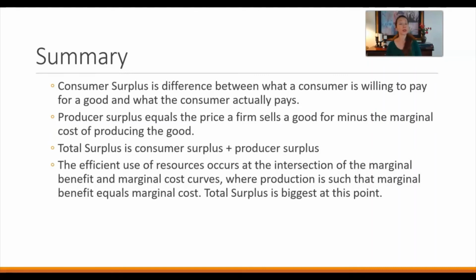You might also hear it referred to as economic surplus. And these become, again, valuable concepts when we start to look at inefficient markets. The efficient use of resources, we say, occurs at the intersection of the marginal benefit and marginal cost curves. We get maximum total surplus when we have an efficient allocation of resources.